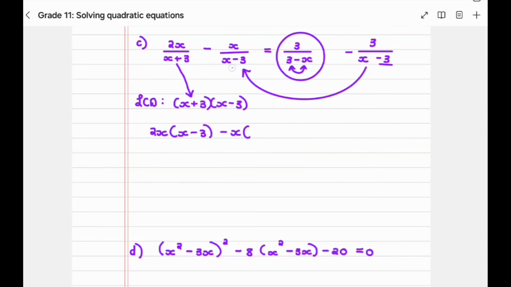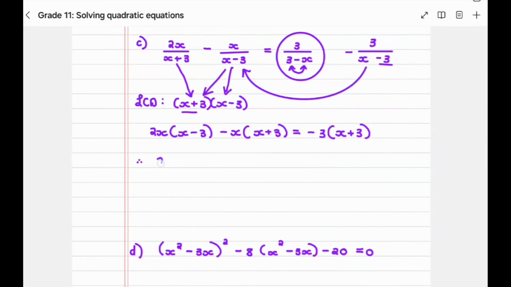That negative x had an x minus 3. Now he needs an x plus 3 as well. And now remember, there's a negative in front of that 3. And the x minus 3 required another x plus 3 to complete the LCD. Just want to make sure, x minus 3, so x plus 3. Yes. And now we're just going to simplify from here.